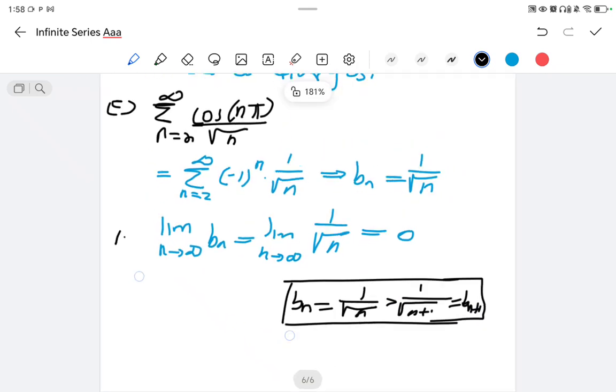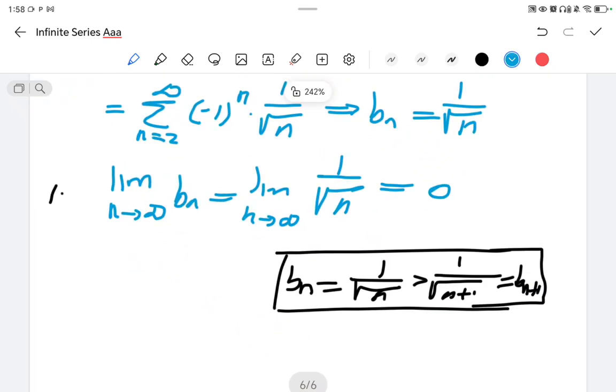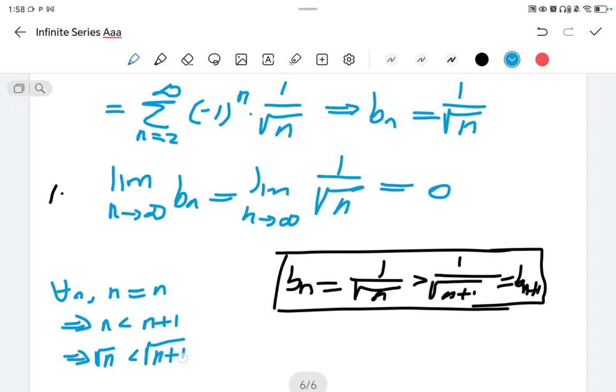You see, right? For us to show that, we say for all n, we'll always have n equals n, which will imply, on the other side where we have plus 1, n is less than n plus 1. And this will imply that we can root both sides.